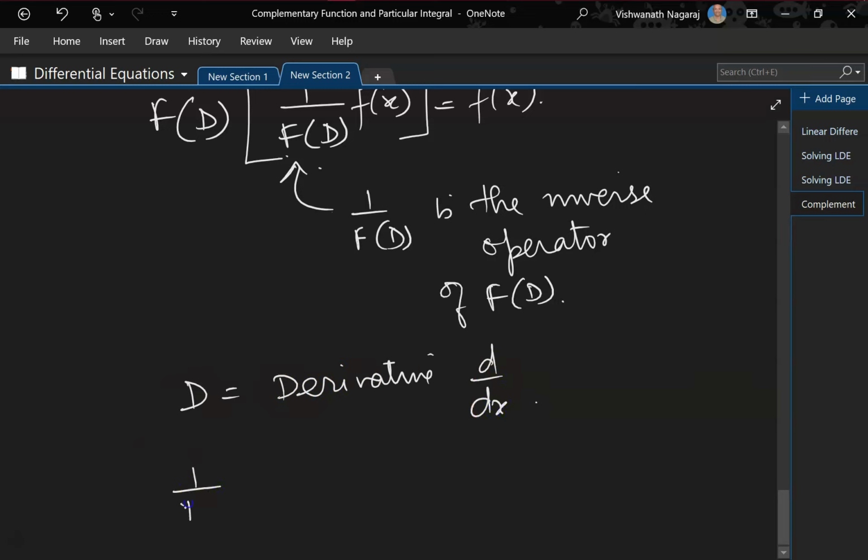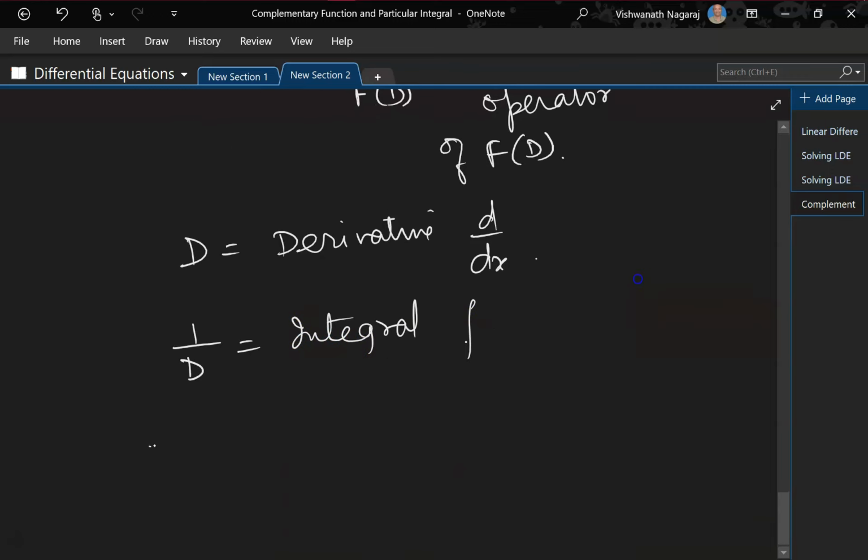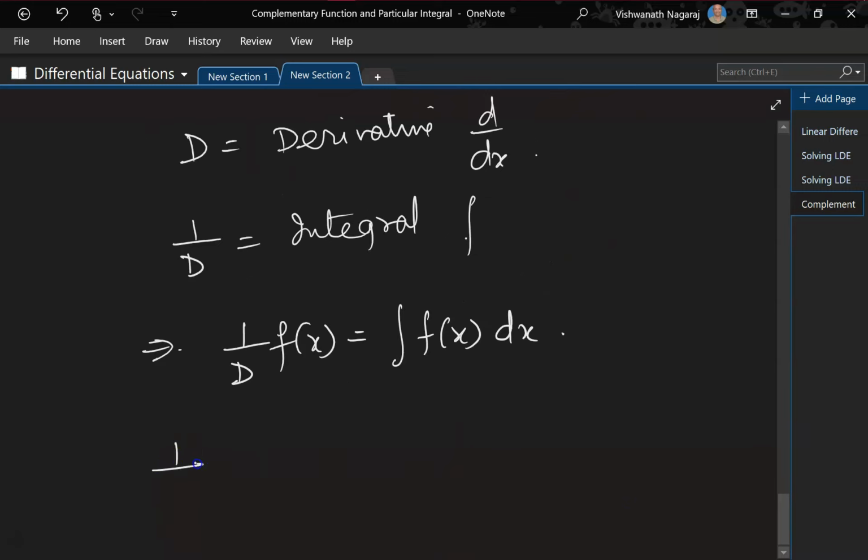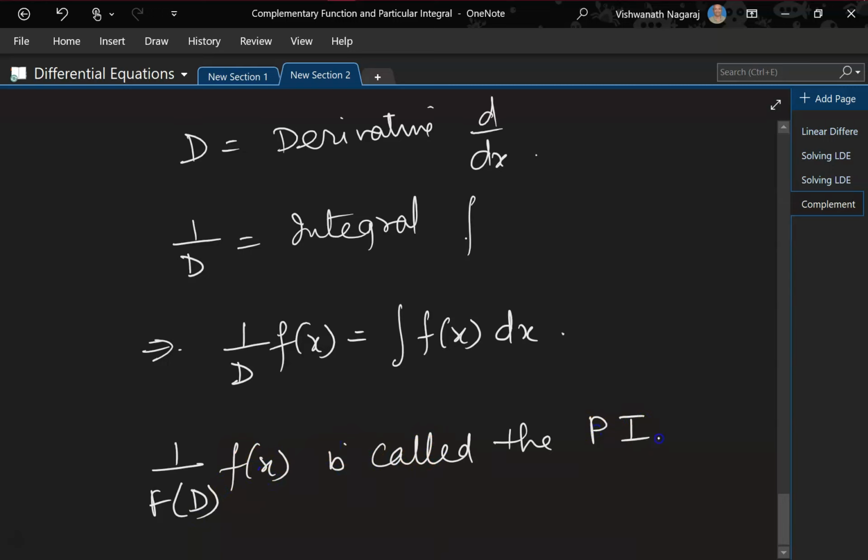So 1 by D would be the integral, that is, 1 by D f of x is equal to the integral of f of x dx. Here this part, 1 by f of D f of x, is called the particular integral.